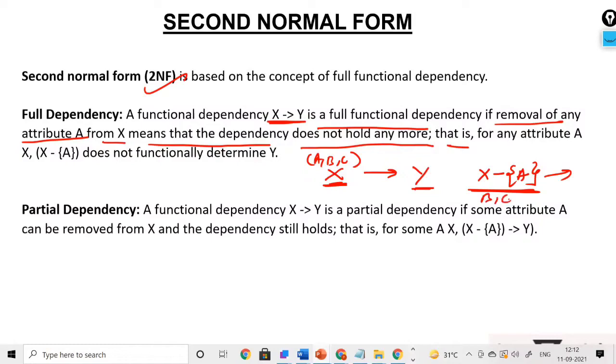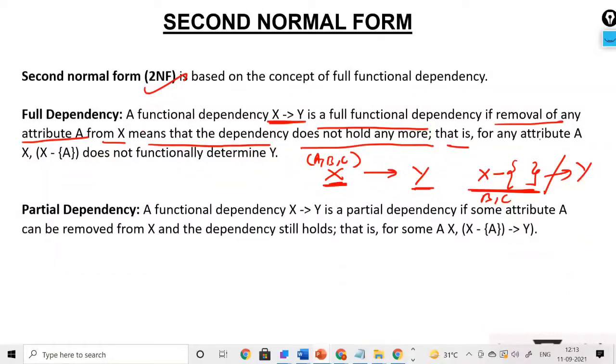Only B and C. So on removing A from this X, it should not determine Y anymore. That is, A has equal importance in a given X. If you remove A, it cannot determine Y anymore. The importance of A is equal to that of B and C. If you remove B, or if you remove C, then it cannot derive Y anymore.